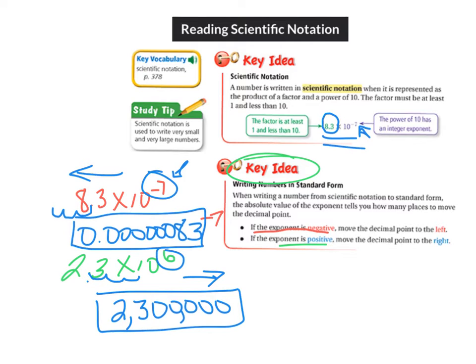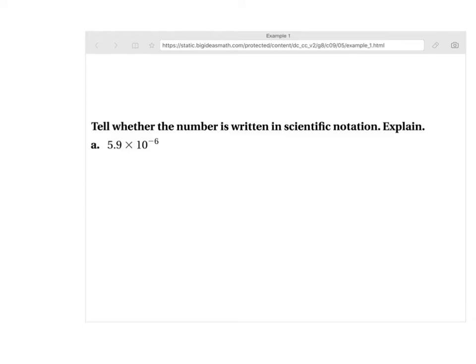All right, so let's look at example 1. Put these in your journals. For example 1, we're going to tell whether the number is written in scientific notation and then explain why, yes or no. The first one, 5.9 times 10 to the negative 6. Well, you look at the factor, 5.9. Is that between 1 and 10?